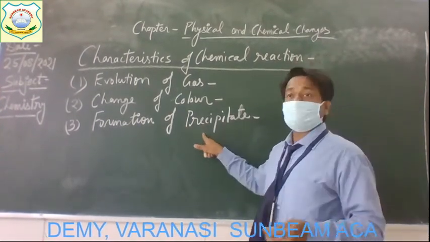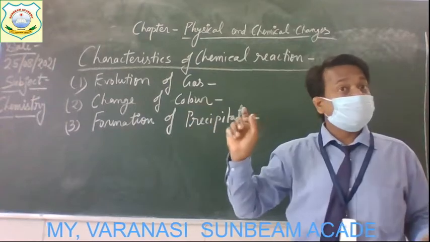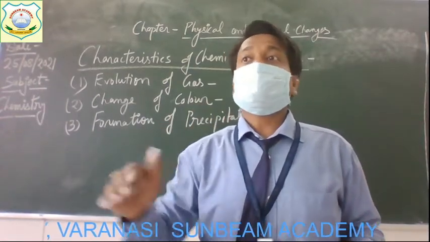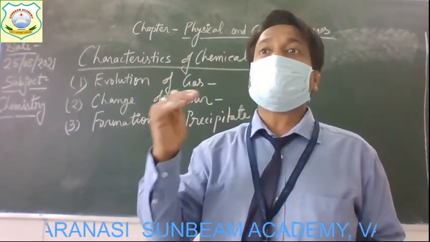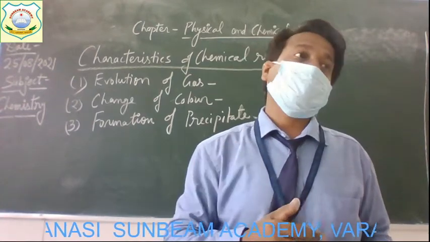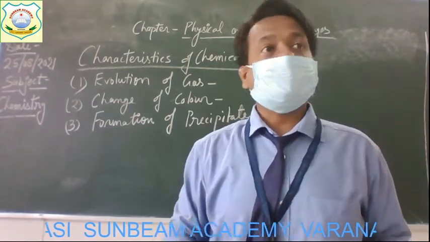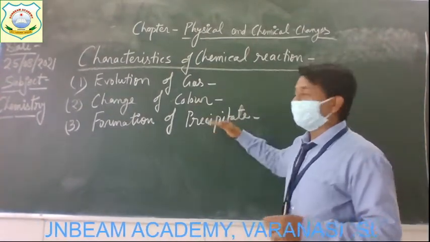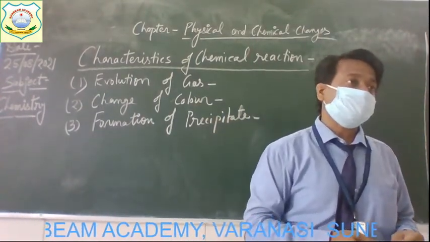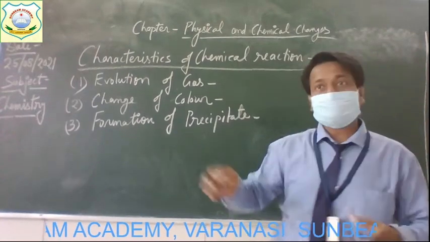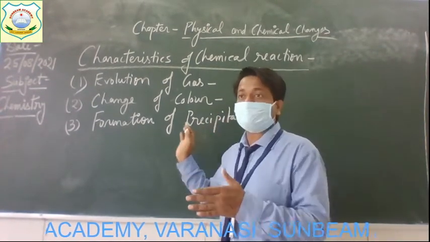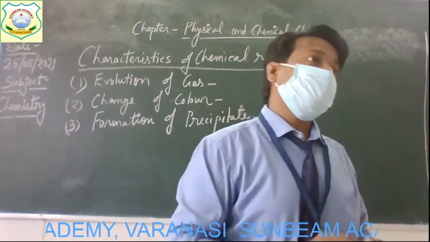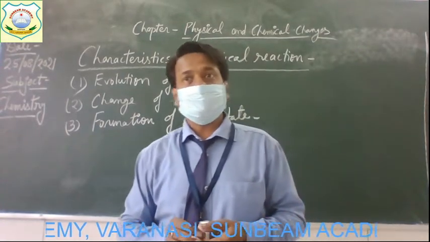And the third one, a solid substance gets deposited at the bottom of the test tube after the chemical reaction, that is precipitate. So in some chemical reactions, formation of precipitates also takes place. These are the three characteristics of chemical reactions we discussed yesterday.